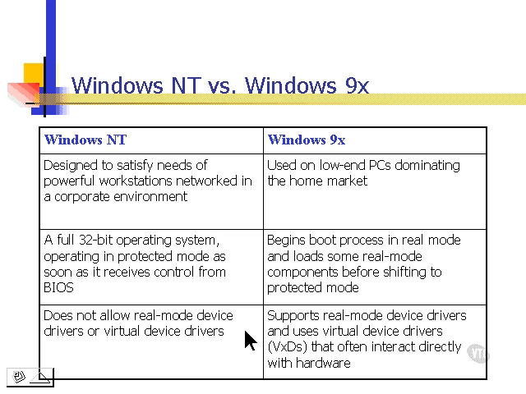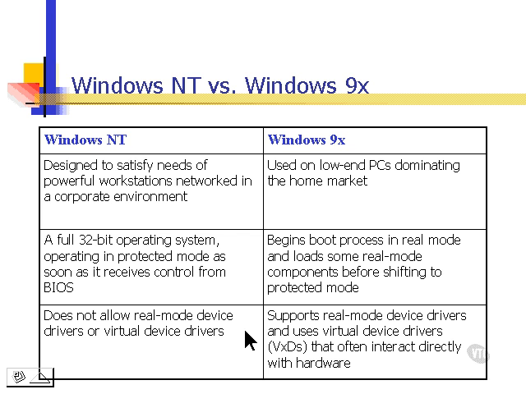So Windows NT is extremely picky about the devices that it will allow to work within its operating system. And we'll talk more about that, but Windows NT is designed to work with business applications.